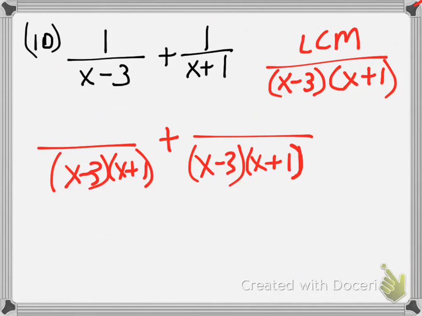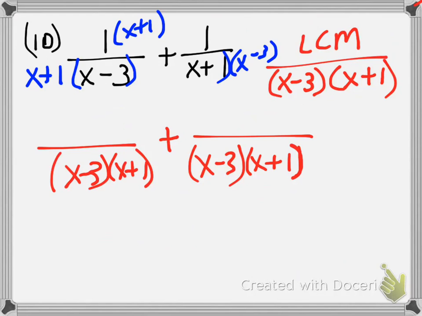That's going to be my new denominator in both cases. So that means up here, what did I do? I have to multiply this by x plus 1. And on the right side, I have to multiply this by x minus 3. So whatever I do to the denominator, I have to do to the numerator.